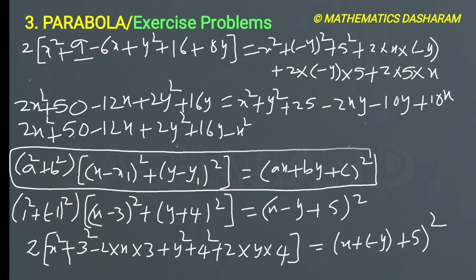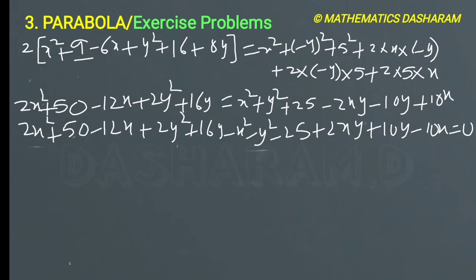So -x² - y² - 25 + 2xy + 10y - 10x = 0. So here 2x² minus x² is x², 2y² minus y² is y².